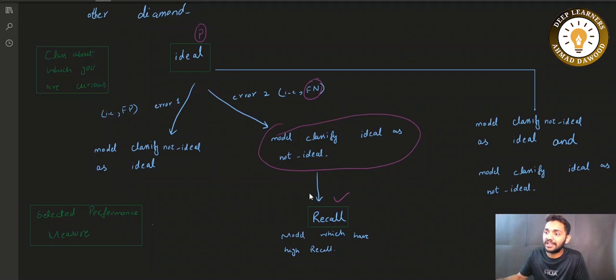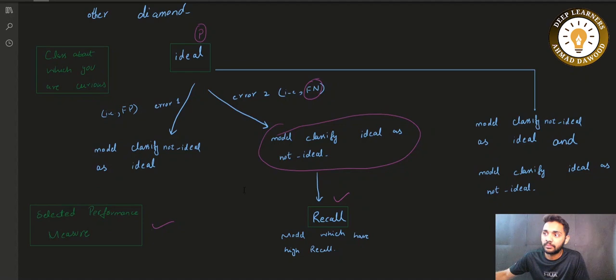So you have selected the performance measure as recall. Now you want a classifier which should have high recall with respect to the ideal class and also good recall with respect to other classes. For that, you have to take an average of recalls of all the classes.